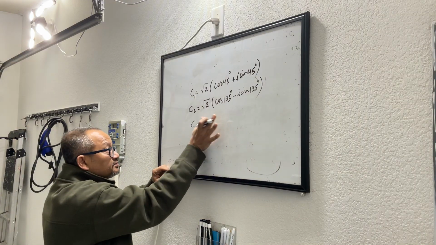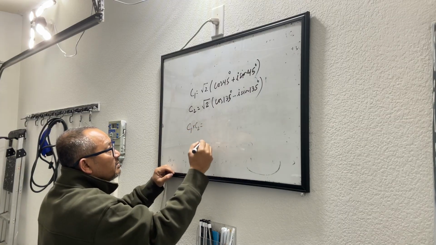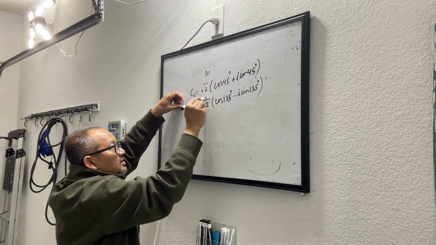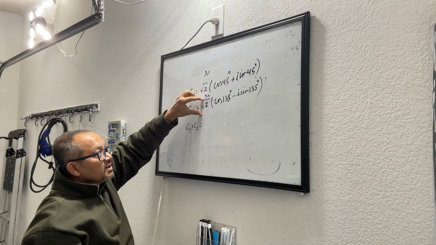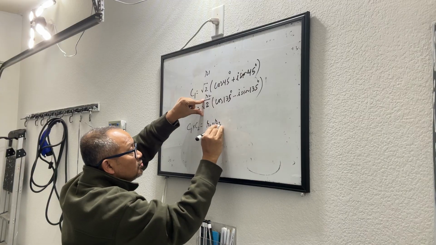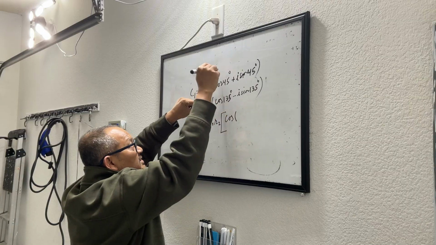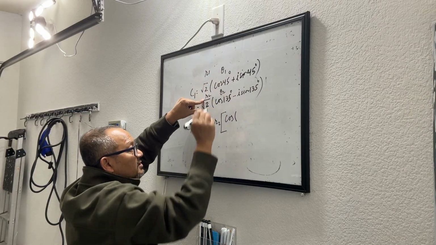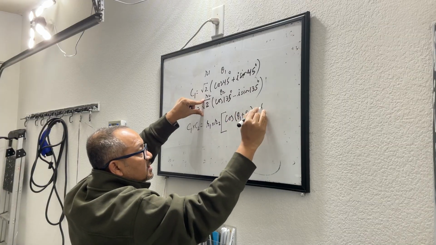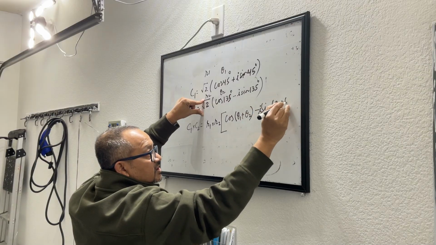But what I'm saying is, when you multiply two complex numbers in the polar form, if this is R1, the magnitude of the first, and this is R2, the magnitude of the second complex number, it will be R1 times R2 times cos of theta 1 plus theta 2 plus I sine of theta 1 plus theta 2, where this is the first angle and this is the second angle.